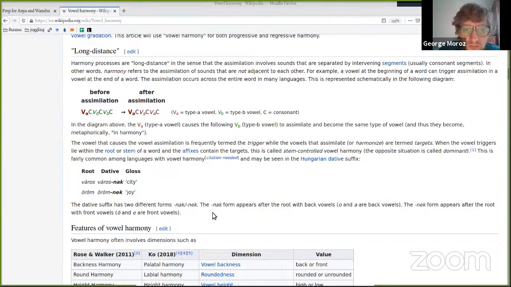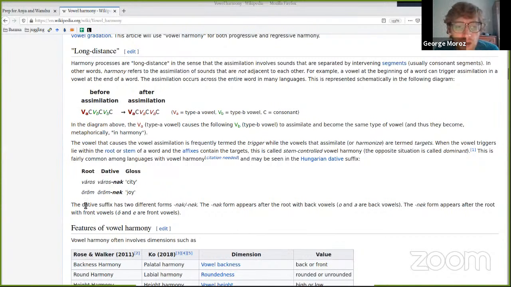So the story about harmony is sometimes more complex. Here we assume that there are two types of stems, and the morpheme will accommodate to them according to the features of the stem. But sometimes there are nice, beautiful phonological stories about some vowels that can be present in both types of stems.